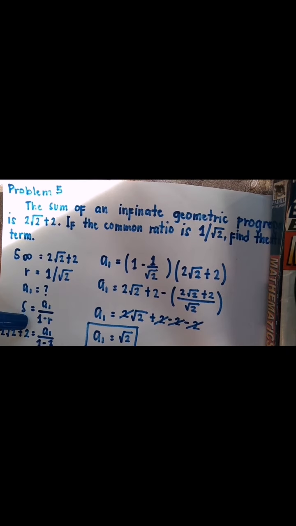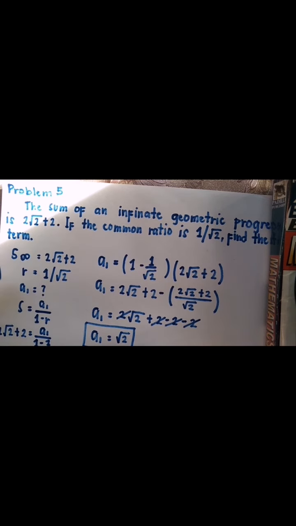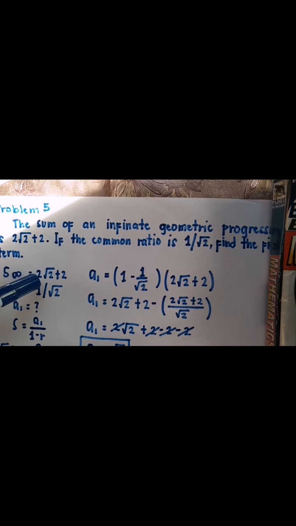We copy the given numbers: S infinite is equal to 2 square root of 2 plus 2, the common ratio is 1 over square root of 2, and a sub 1 is missing.